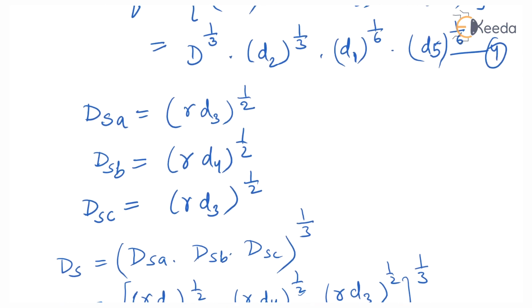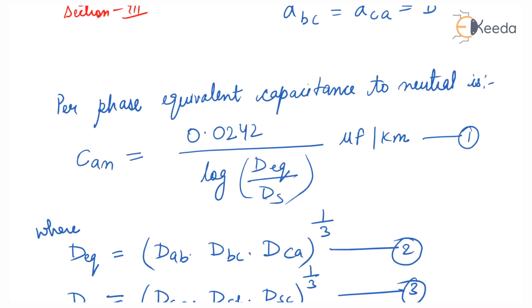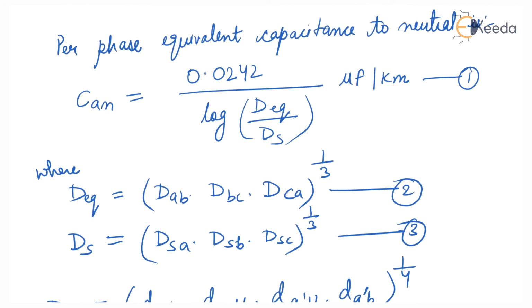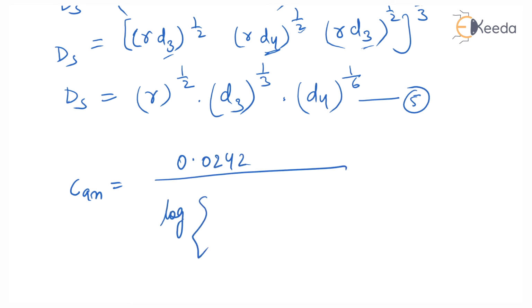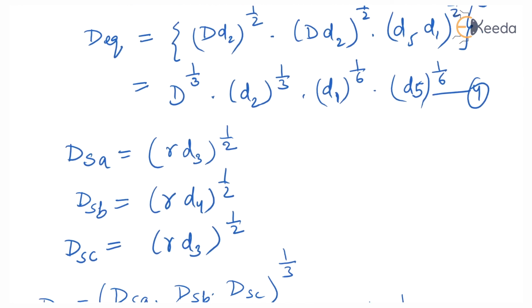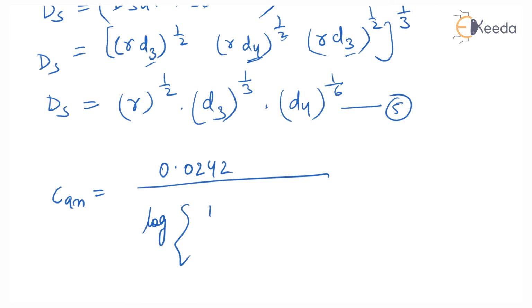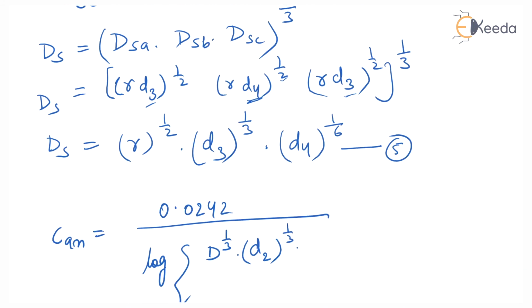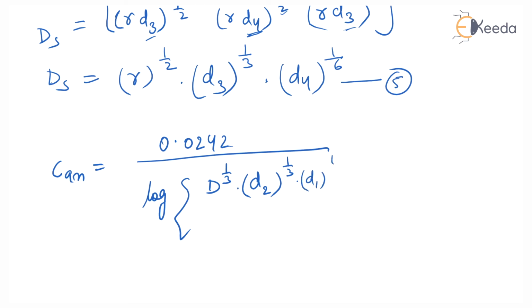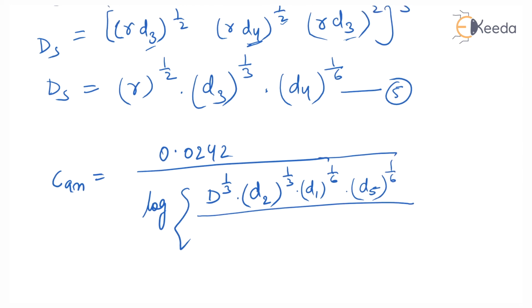Now put equations 4 and 5 in equation number 1. So CAN is equal to 0.0242 upon log D equivalent by DS. So D equivalent is equal to D1 1 by 3, D2 1 by 3, D1 1 by 3, D2 1 by 3 into D1 1 by 6, D5 1 by 6, D1 1 by 6 into D5 1 by 6, upon DS.